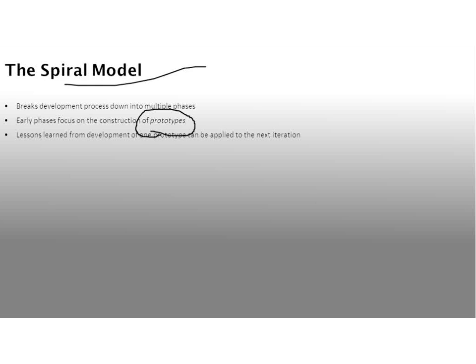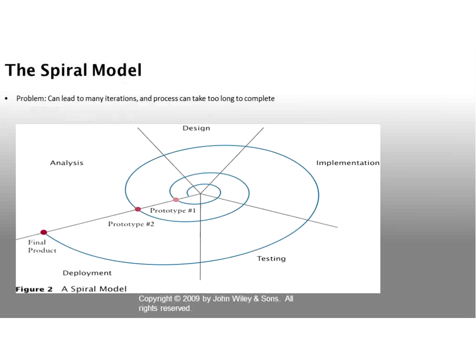So what we have as a second option is the spiral model. In the spiral model, we create a prototype. A prototype is the exact replica of the original software that we will develop. This model breaks the development process into multiple phases, and the early phase focuses on the construction of a prototype.